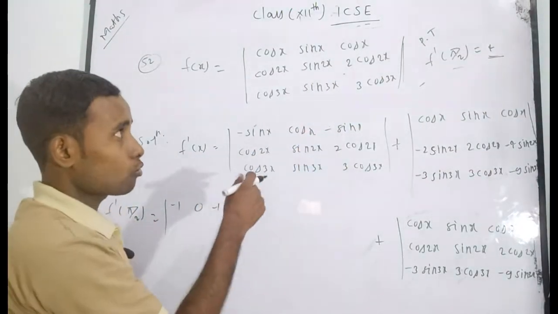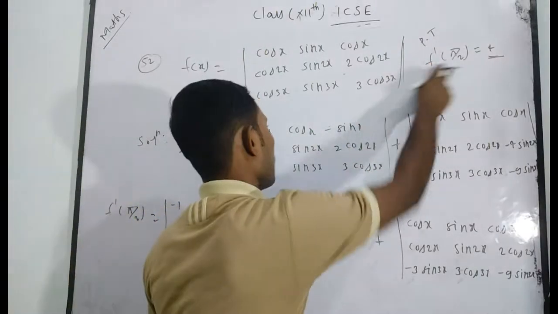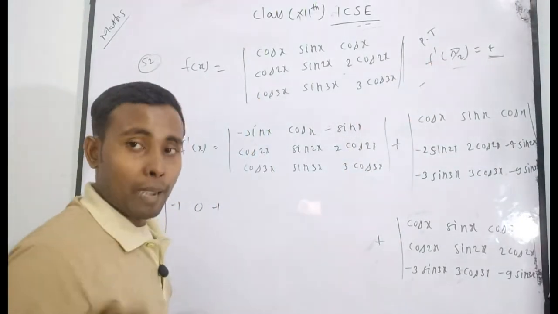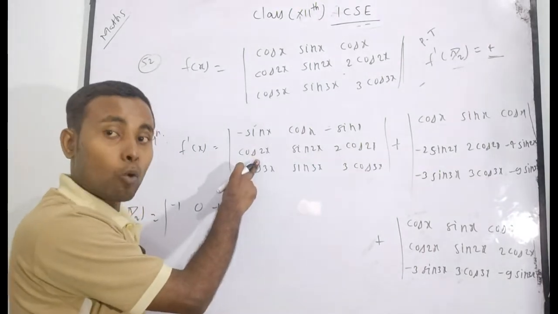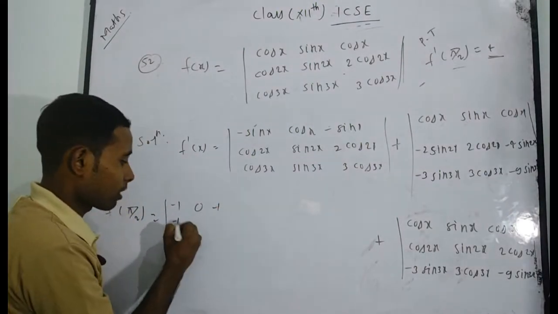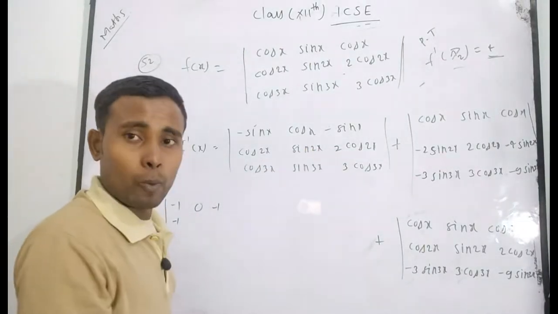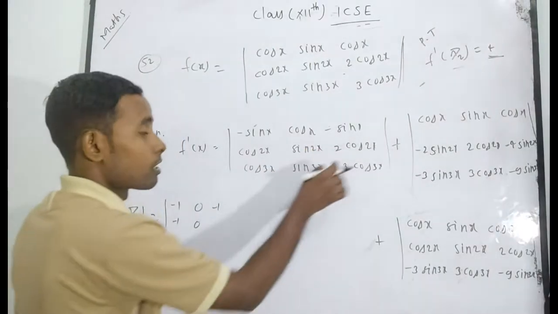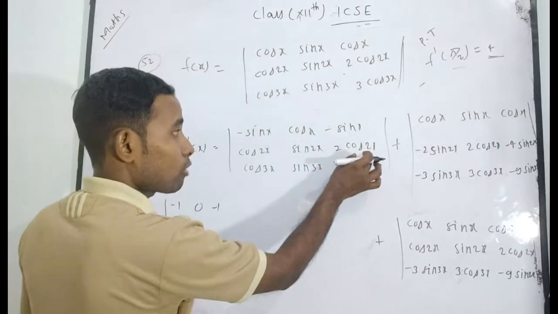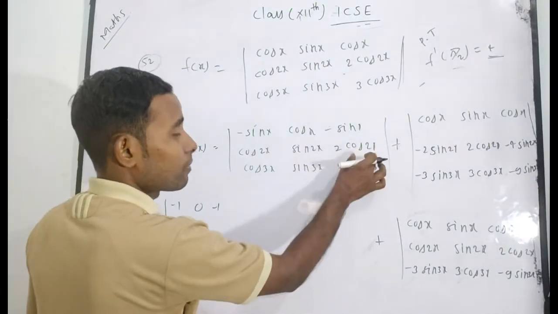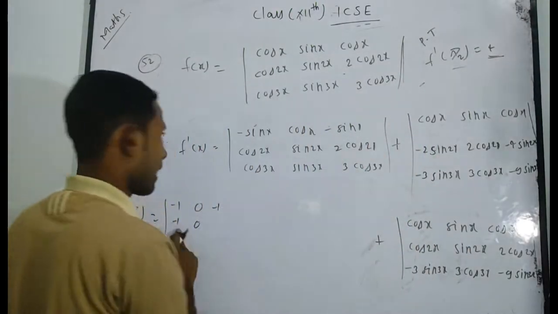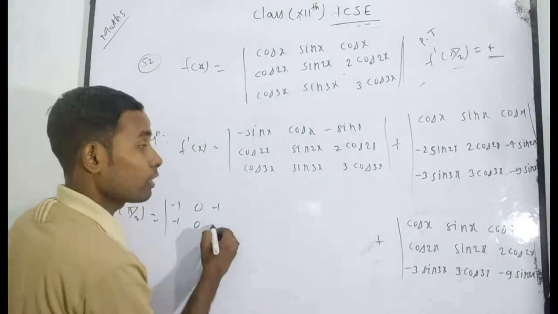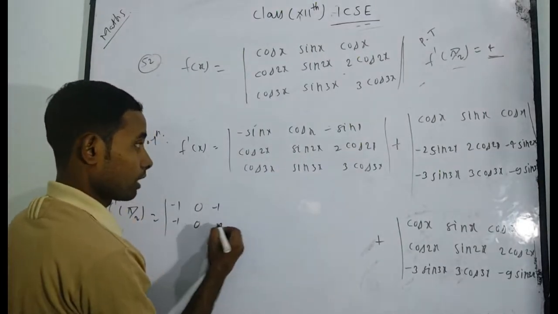Cos 2 into pi by 2 is cos pi, which will be minus 1. Sin pi will be 0. For 2 cos 2x, cos pi is minus 1, so 2 into minus 1 will be minus 2.